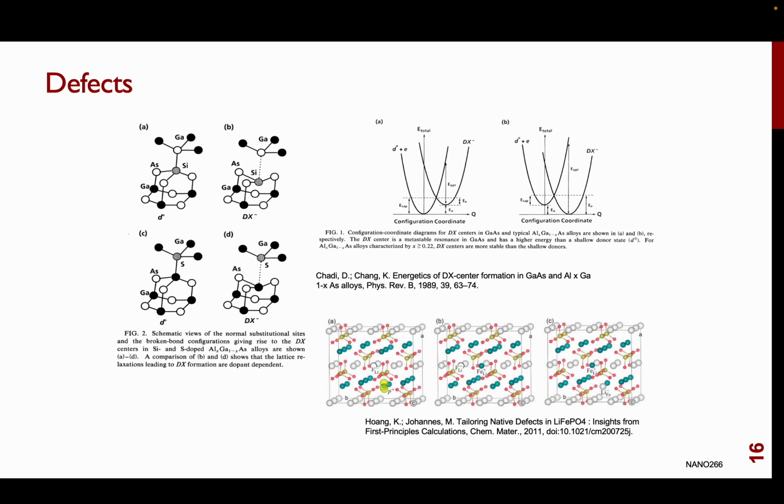You can imagine that if one of your channels has a substitution or anti-site defect that has a much higher barrier for diffusion, you will block out the entire channel. Then the performance of your lithium-ion battery will be limited. So the study of defects in this battery material is a very active field of study.